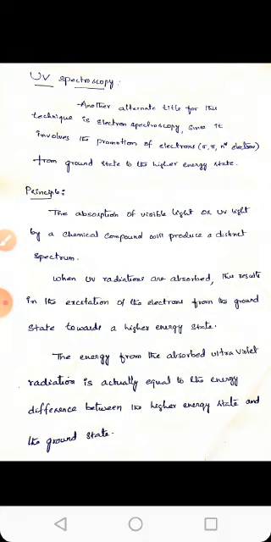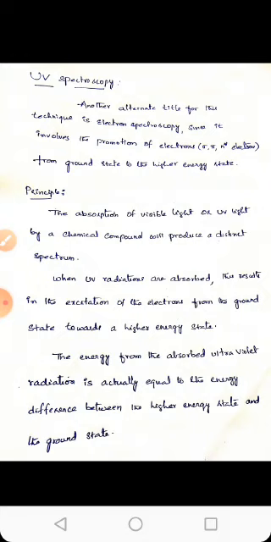When UV radiations are absorbed, this results in the excitation of electrons from the ground state to higher energy states. When UV radiation is passed through the ground state atoms, they absorb energy and are excited to a higher energy state.